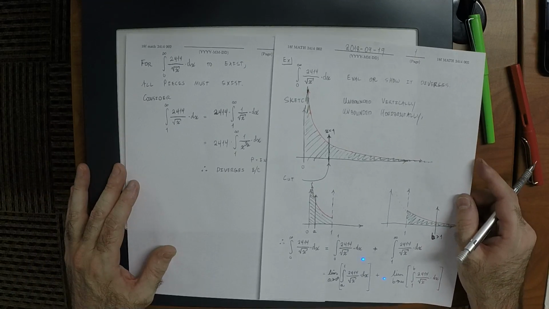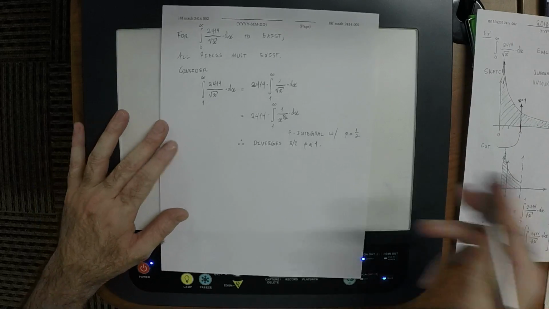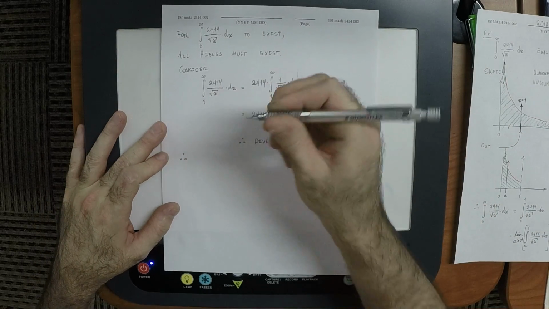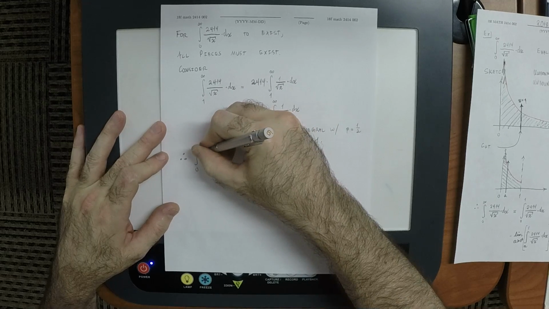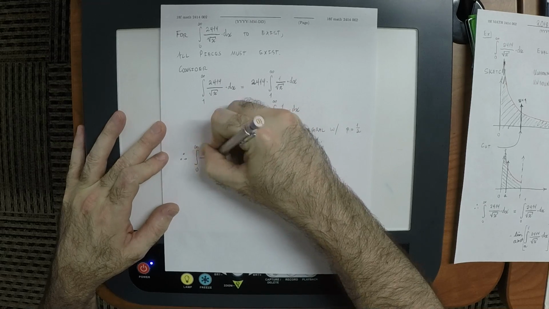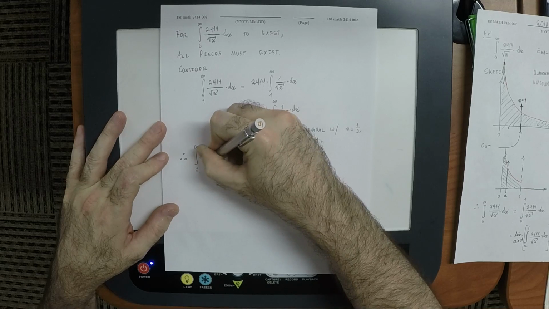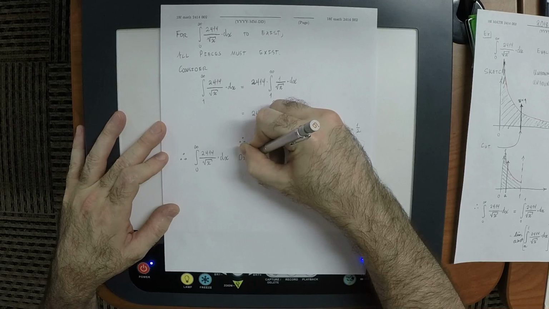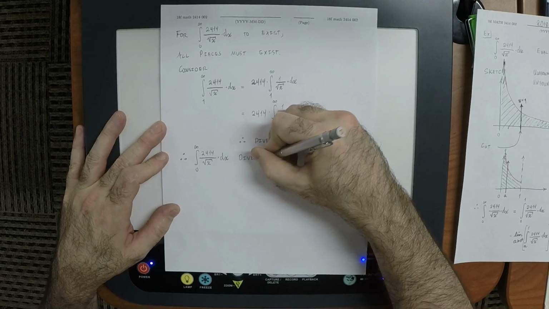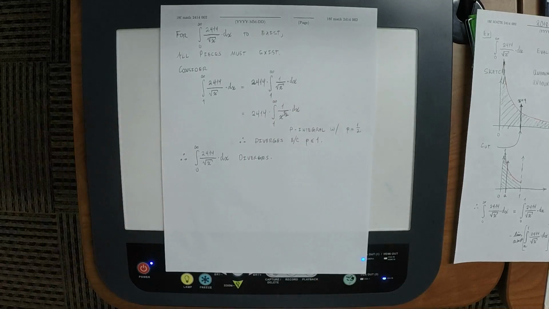So the whole integral diverges. Therefore, this one, the integral from 0 to infinity of 2414 dx, diverges. Because it only takes one piece to diverge for the whole thing to diverge.